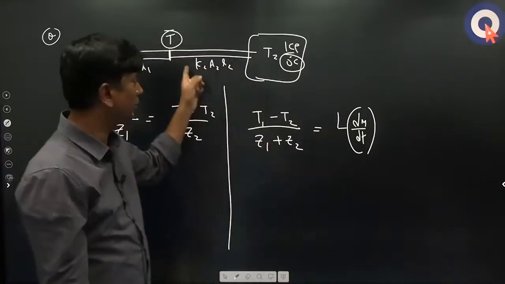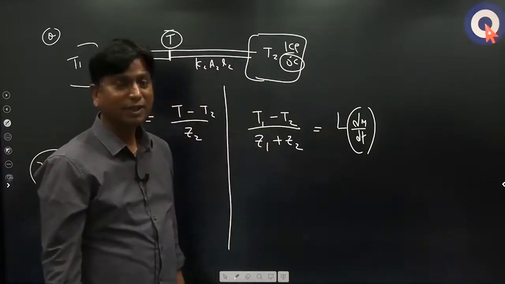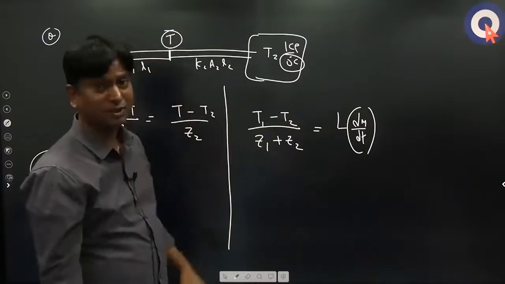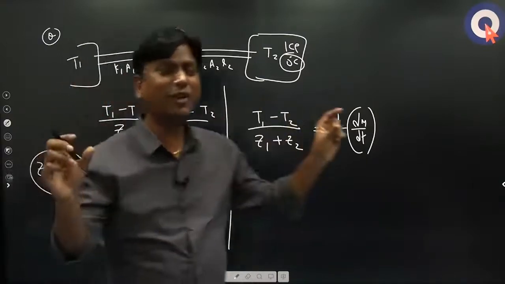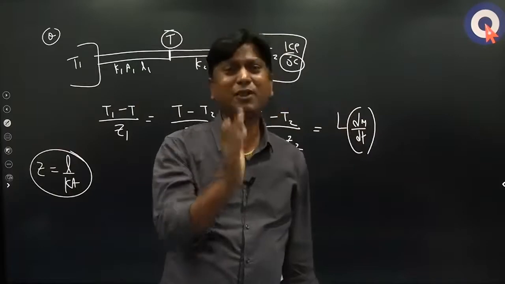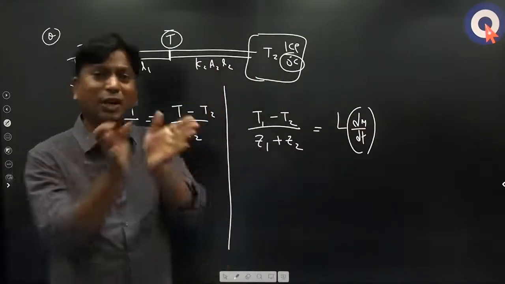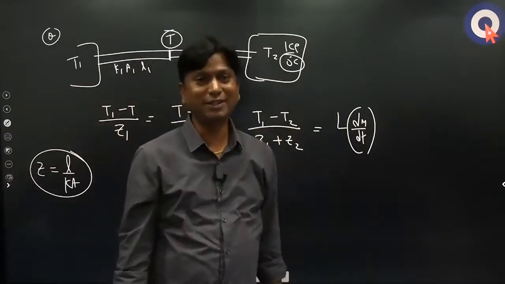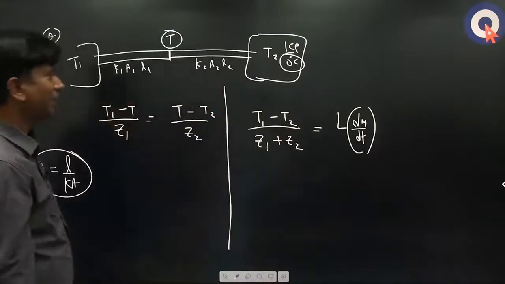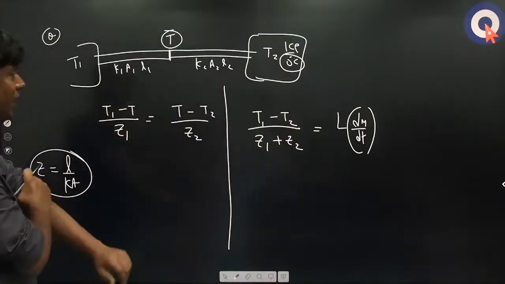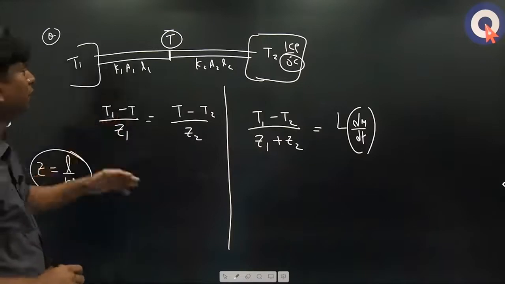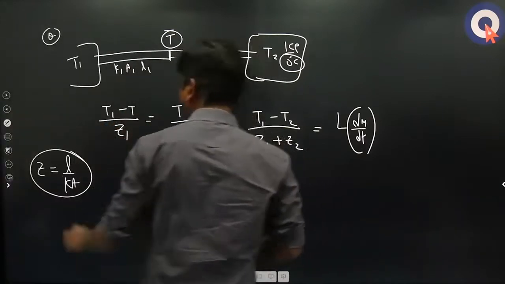Here we are using two different rods, and we are talking about the temperature of the junction. In the earlier problem, we used only one rod, and in some part of the rod we maintained a particular temperature, and heat was transferring on both sides, correct? And further, instead of using it like this, you can also use a rod.